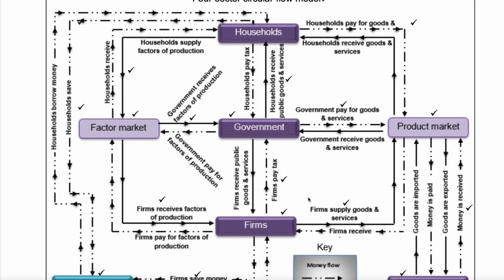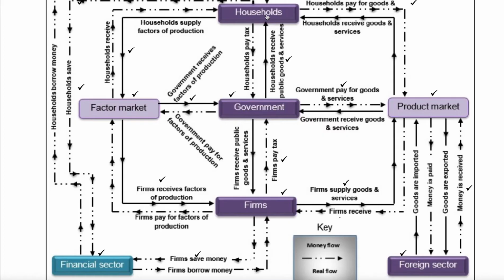So here are our participants once again: households, government, firms, and the foreign sector. These are the two markets, product and factor market. I can talk about the financial sector as well, but it has a different color to show that it's not one of the main participants. It's more like an intermediary. So I'll just stick to the main participants.